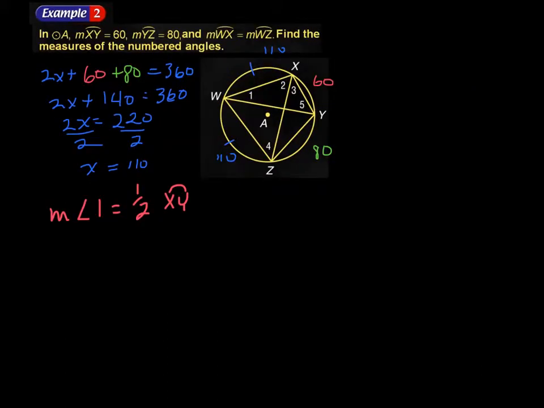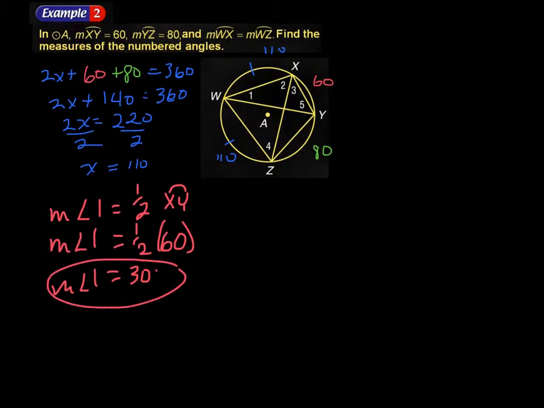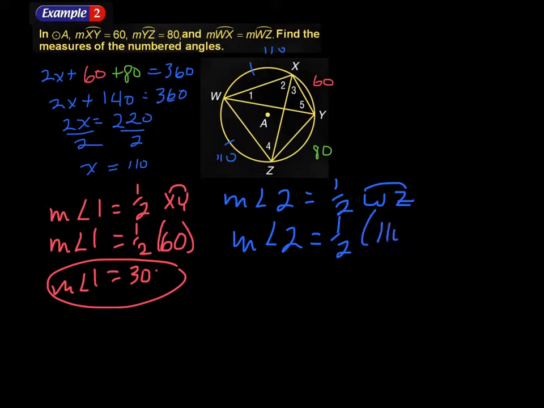The measure of angle 1 is going to be half of arc XY. So 1/2 of 60 is 30. Angle 2 is inscribed in arc WZ. So 1/2 of 110 is going to be 55 degrees.